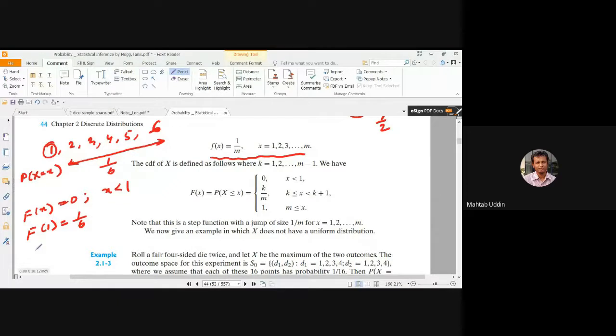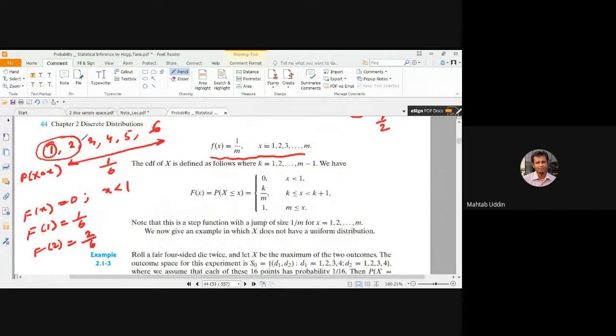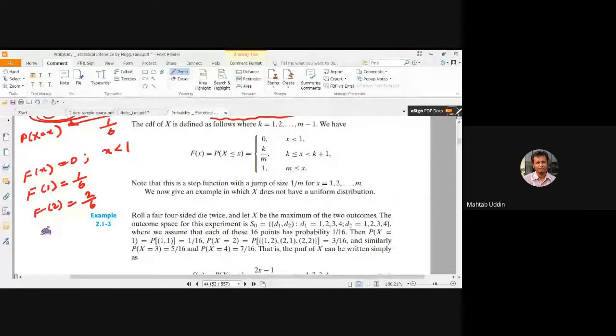If you go to 2, how many elements are completed? Two elements, so 2 by 6. Then when we have completed 3 elements, the probability is 3 by 6, am I right?